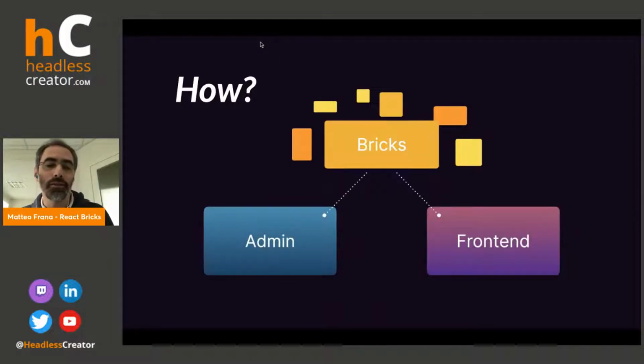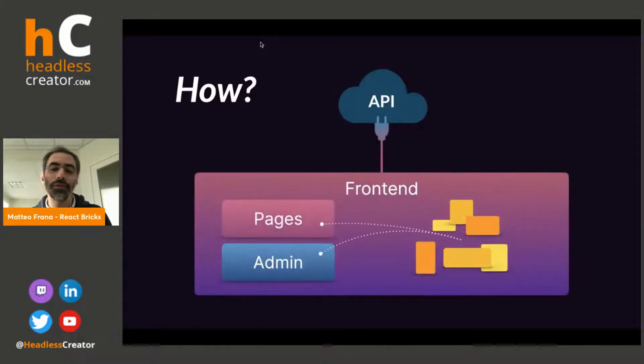And so we have this design system made by bricks, but these bricks need to be shared between the admin interface and the front end, because of course what you see in the admin interface is what you must get on the front end website. And our idea here is to put the admin interface inside of the front end project.